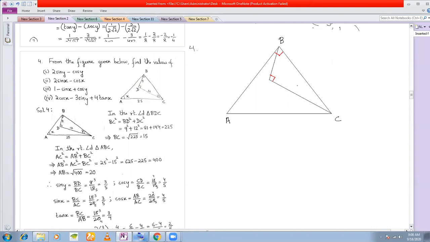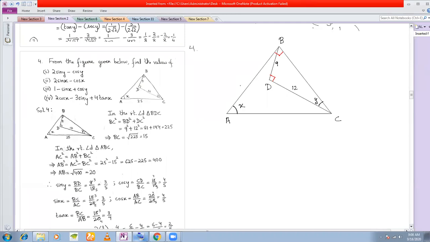And what are the lengths given here? This length is given as 9 units. This length is given as 12 units. This angle is given as x, and this angle is given as y, and this point is D. So all this is given in the diagram, and you have to find the values of these expressions containing trigonometric ratios.